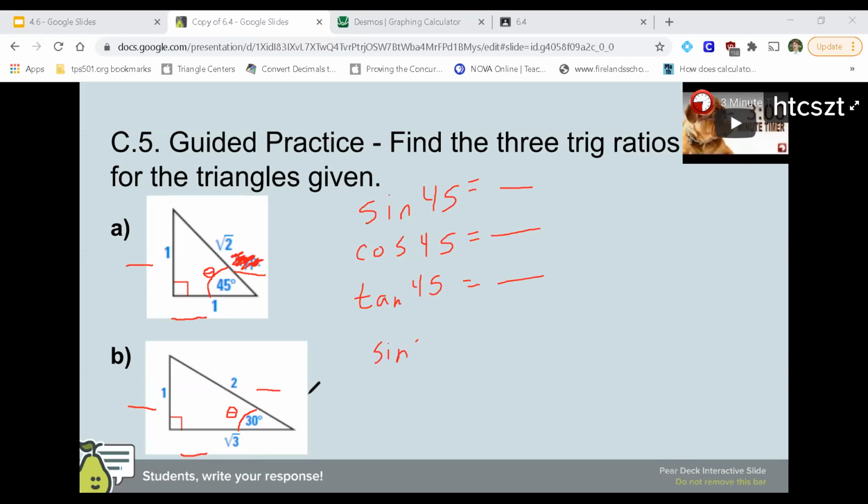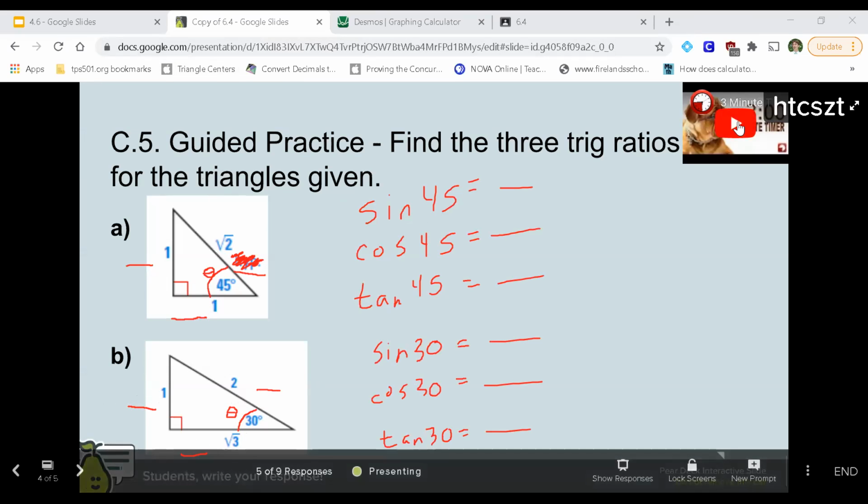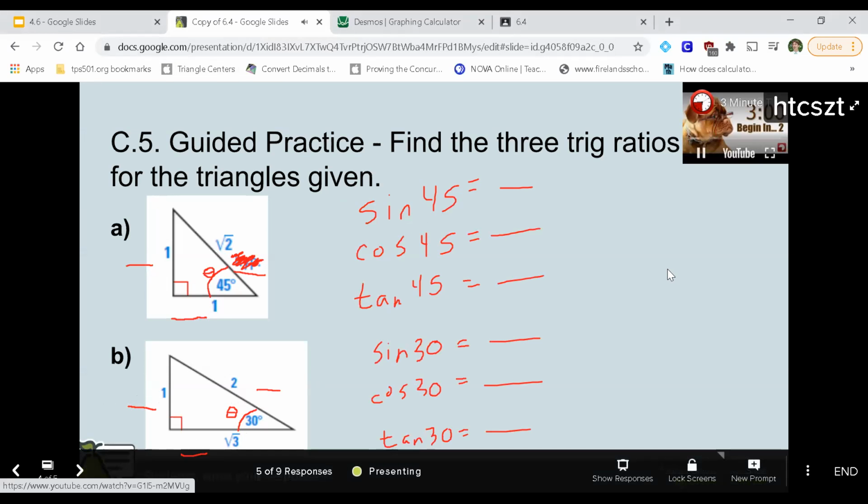What's the sine of 30? Blank over blank. Cosine of 30, blank over blank. And tangent of 30, blank over blank. I'll give you 3 minutes to do both of these problems, and then we'll go over it. And then we'll do a homework problem. That'll be it.